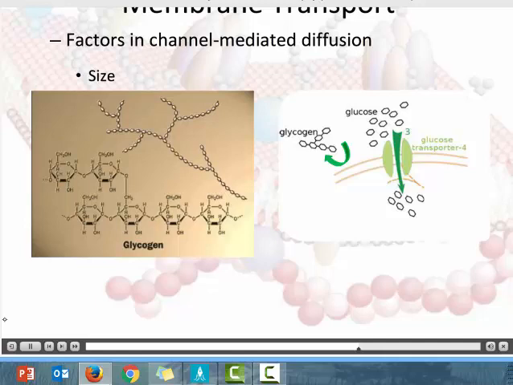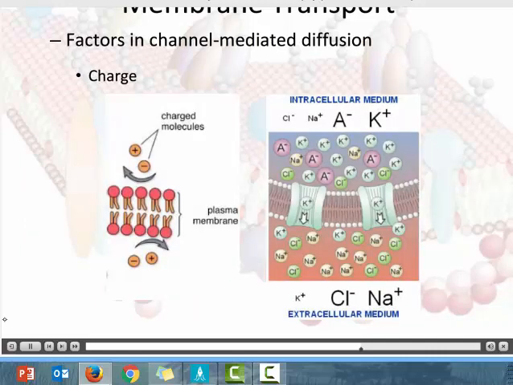Large solutes are more difficult to get across the membrane than small solutes. Our passage depends on the charge of the solute. So just as we spoke before, the inside of the membrane is more negative, and so it is harder to move negative ions into the cell than it is to move positive ions.